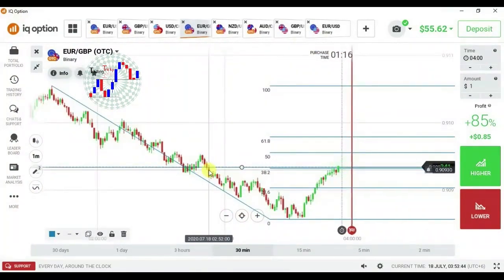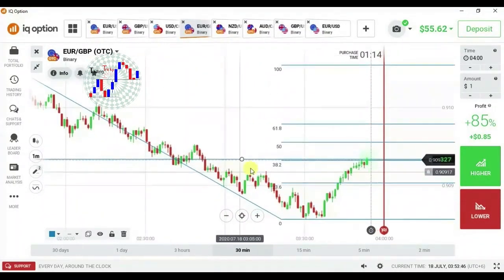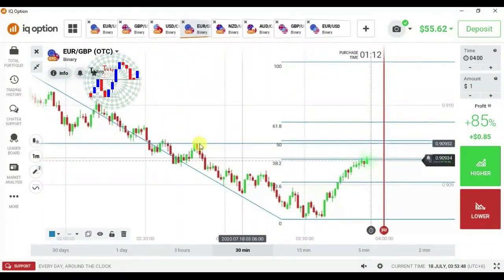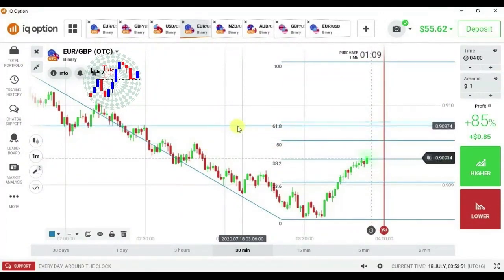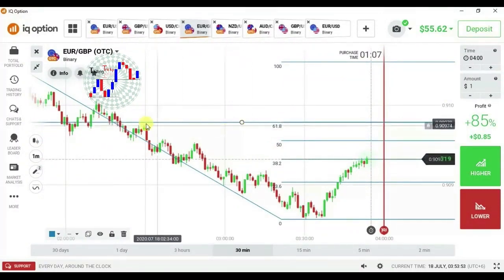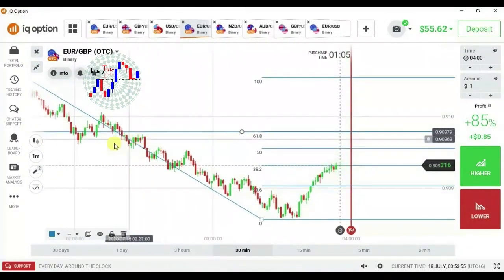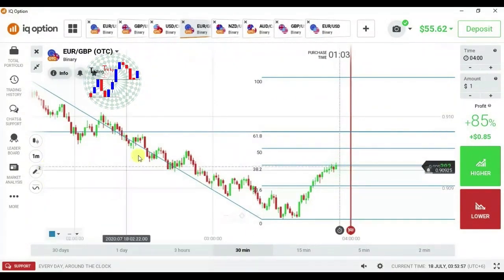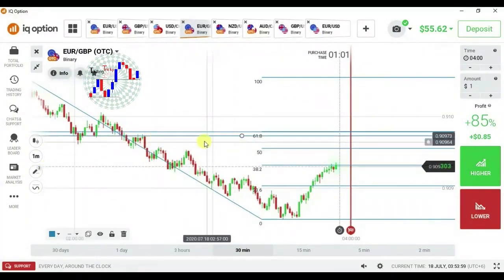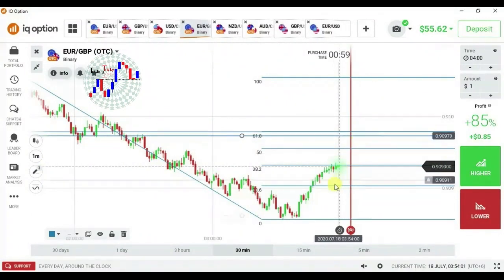There is no particular price action. Okay, if this is a level or 61, there is also nothing particular, but if price comes here and has some action, then we can act.